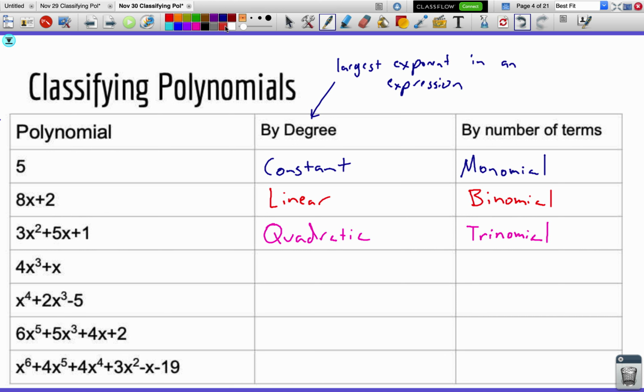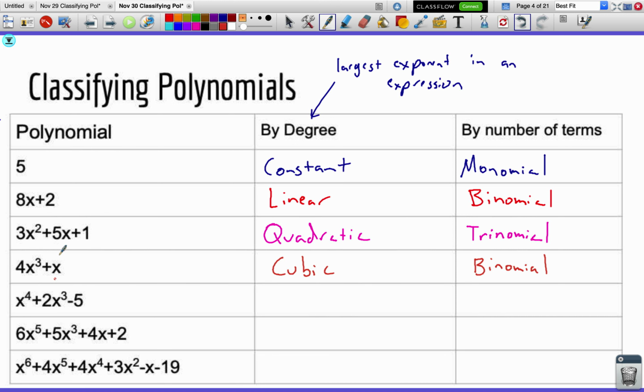All right, biggest exponent on this next one, 4x cubed plus x, is a 3. The word for when the biggest exponent is a 3 is a cubic. In this one, we're back to a binomial. Just because our biggest exponent is a 3 doesn't mean we have to have a quadratic term and a constant term.